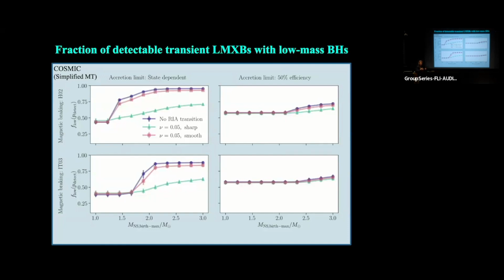What fraction? Fraction of what? Fraction of the whole low mass X-ray binary population that is above the threshold for detection, including persistent and transients and everything.